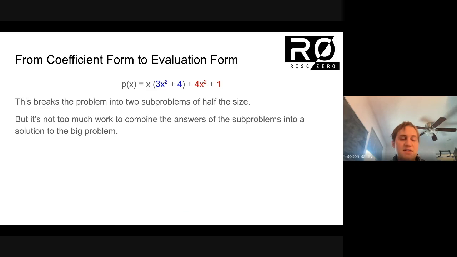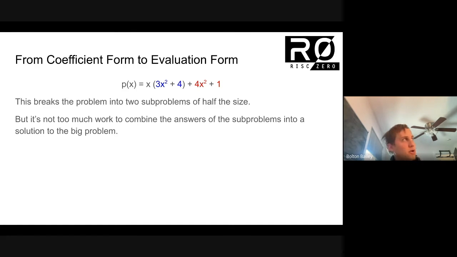And so, just to round out the story on the computational complexity of this problem, we've taken the problem and broken it down into 2 sub-problems that are each half of the size. And then we did an amount of work that was not too much to combine those answers.